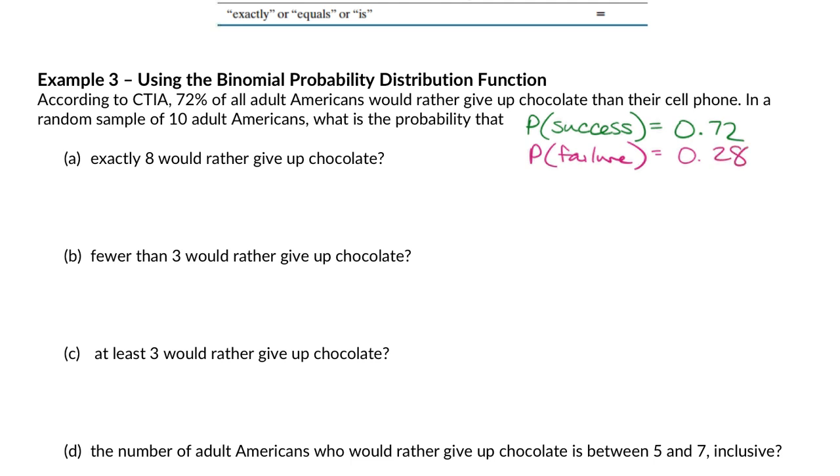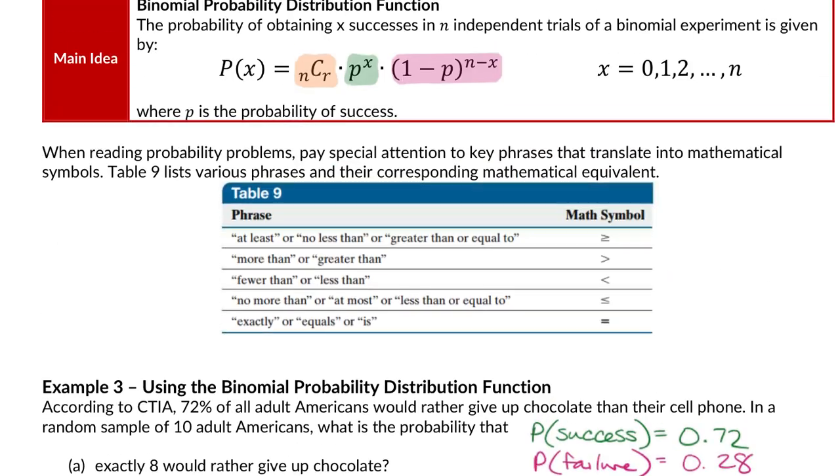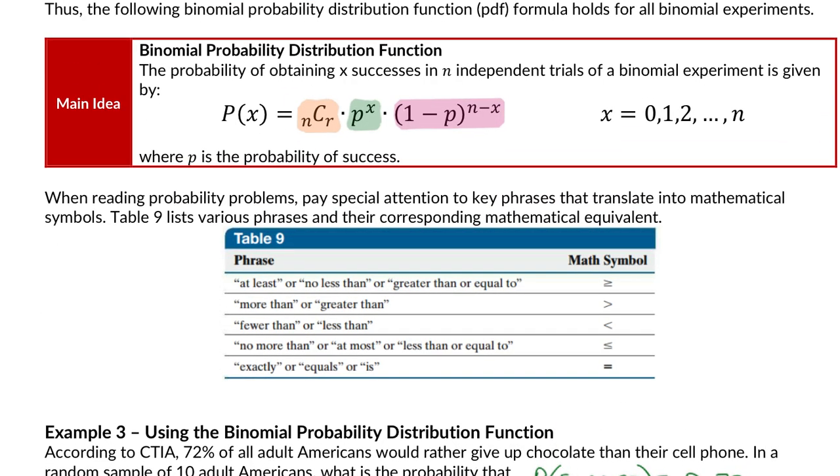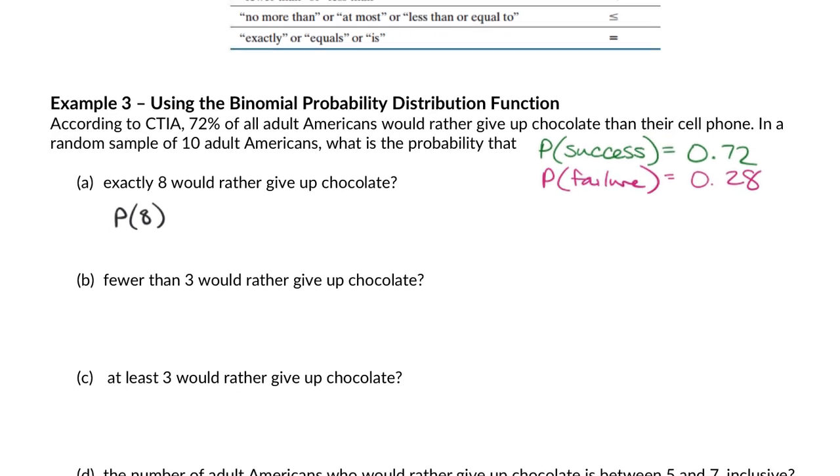To find the probability that you would find exactly 8, you are doing the probability of getting 8. So in my formula, the x value is 8.